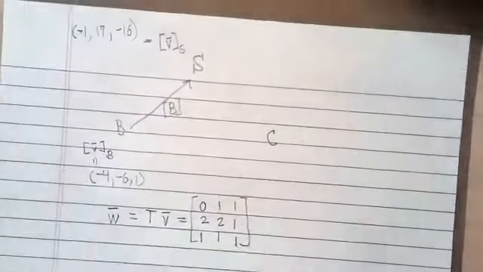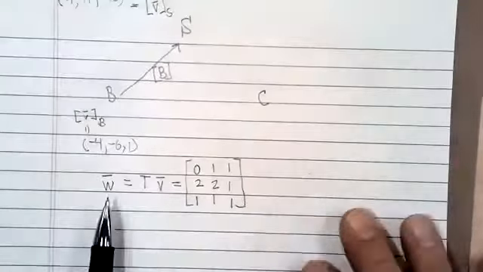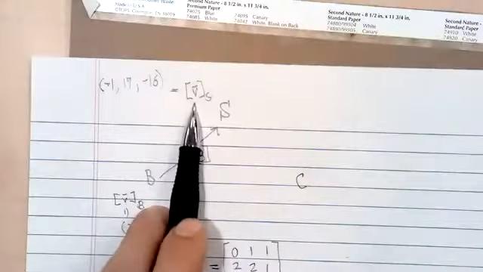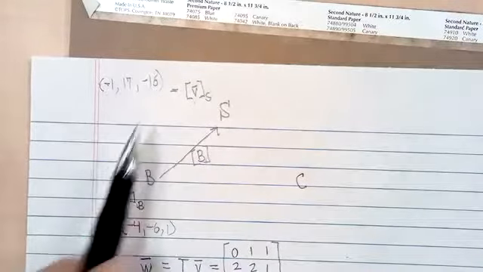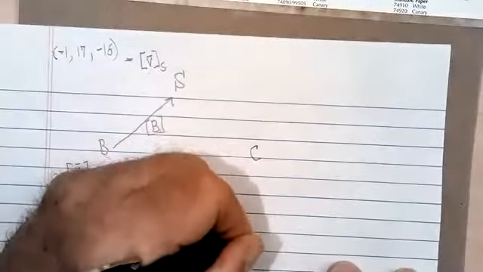And then I multiply on the right by V, but it's V in the standard basis. So that's -1, 17, -15, at least we hope.